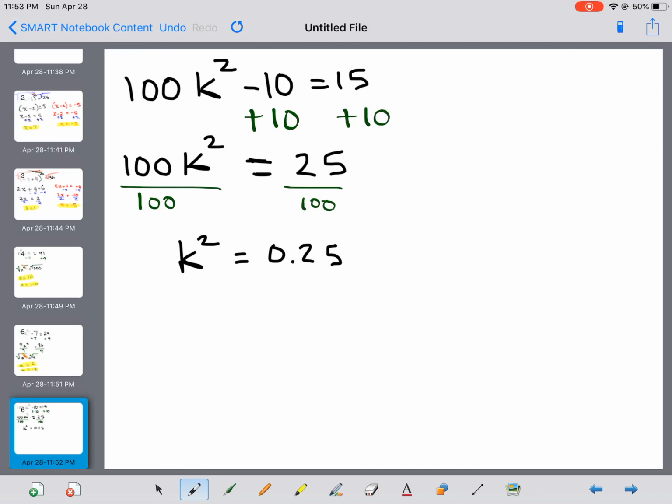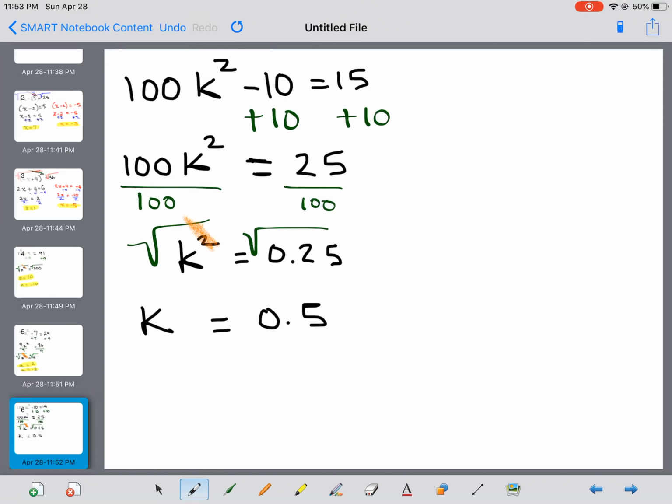We have a decimal, and that's okay. Let's keep going. So now we take the square root of both sides, and exponent and square root undo each other. So that means on the left we have k, and on the right we have the square root of 0.25, which works out to be 0.5.